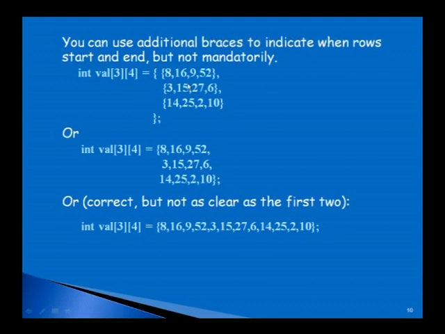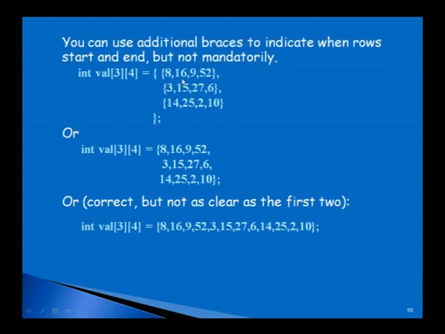As you see, each row's elements we have enclosed within a separate flower brace, saying that these are the first row elements, these are the second row elements, and this is the third row. All these elements are separated by commas, and after each row's elements again there is a comma. So, there ends the initialization of the two-dimensional array.